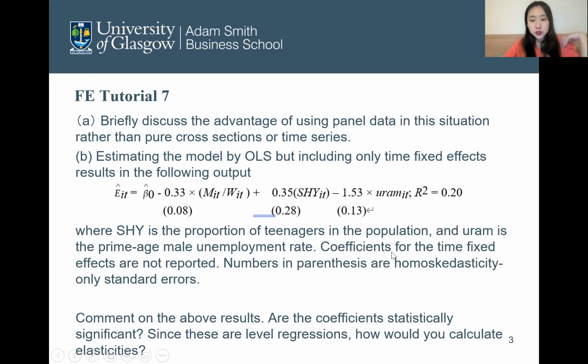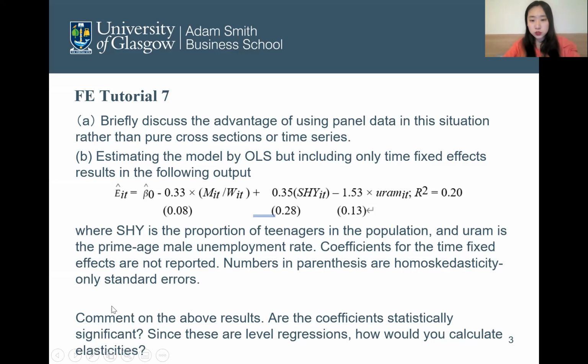So the coefficients for the time fixed effects are not reported; they tell you this in advance. But the numbers in parentheses are homoscedasticity-only standard errors.